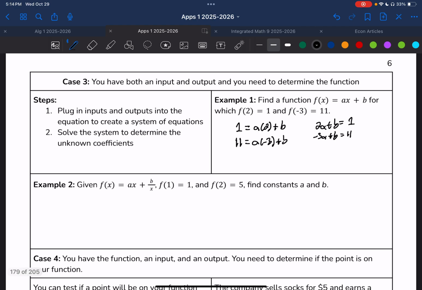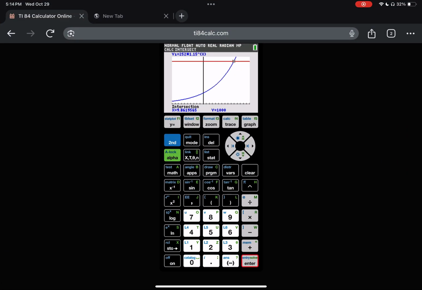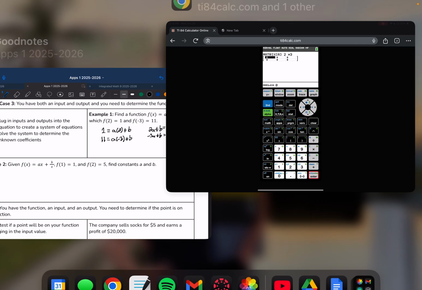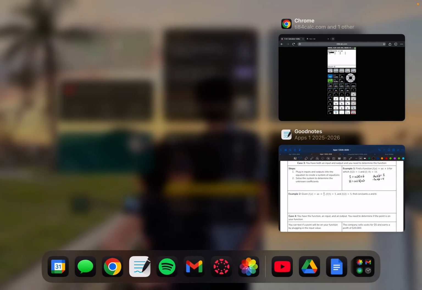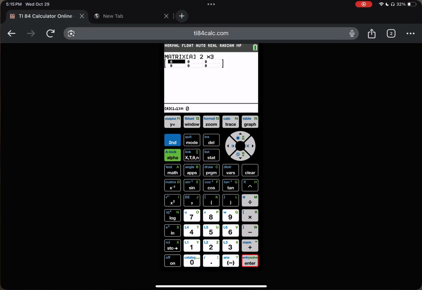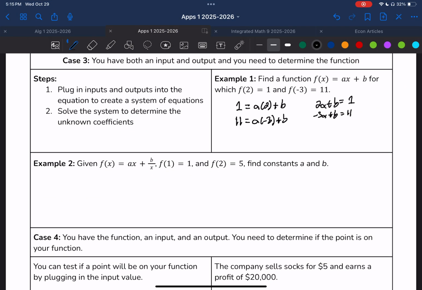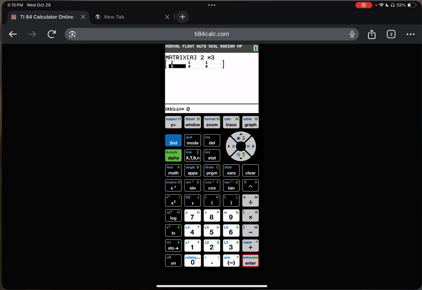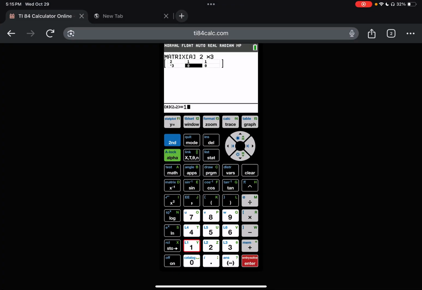And then we need to just solve that system, which I recommend you do using the matrix on your calculator. So you can go edit. We want a 2 by 3. And our coefficients are 2, 1, 1, and then we also have negative 3, 1, 11.